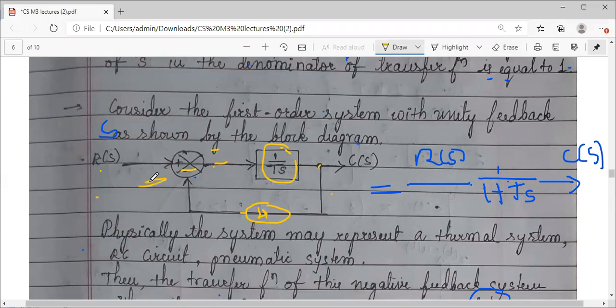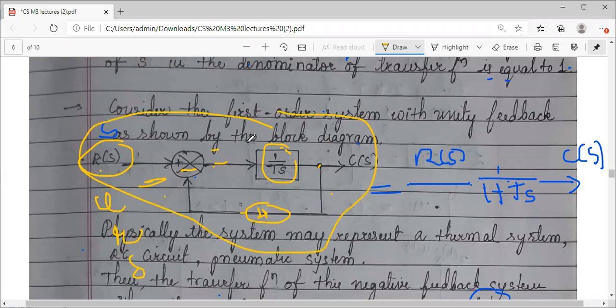So keeping this as a standard, for this system we have applied input first time as unit step, second time ramp, and third time impulse. So we have seen in today's session these 3 responses when we apply step, ramp, and impulse as the inputs for this particular considered system.